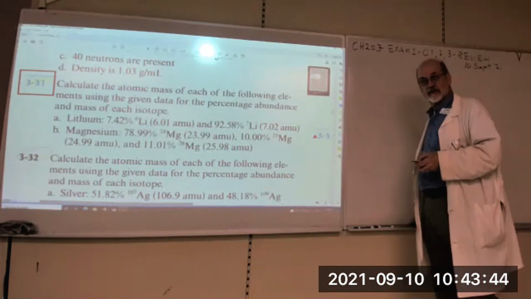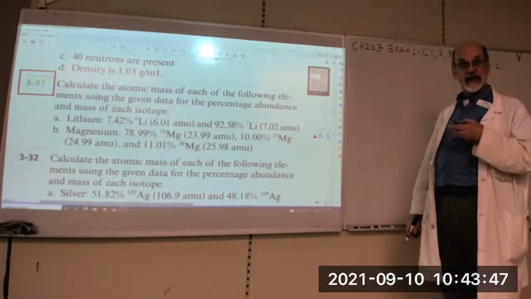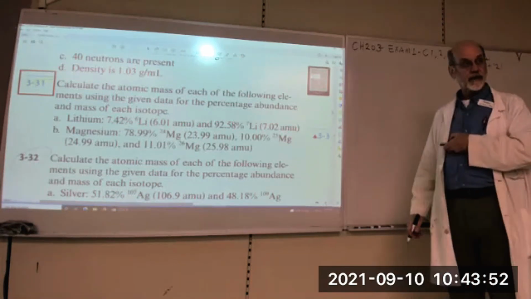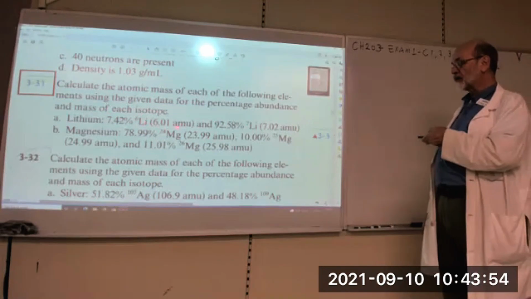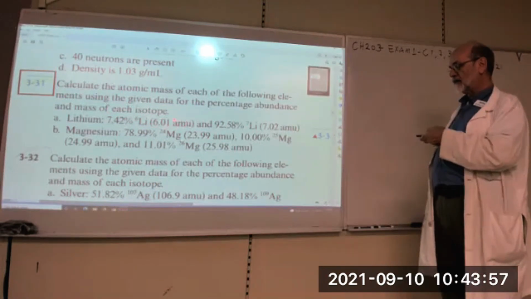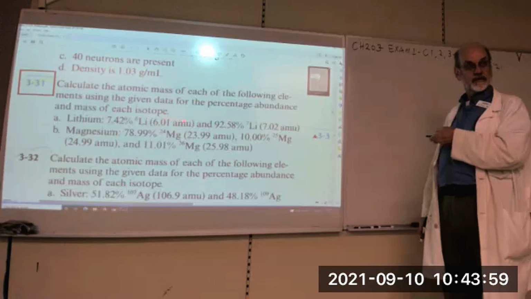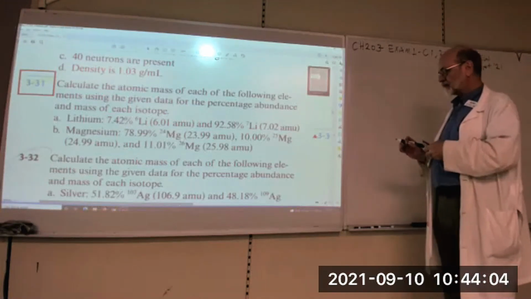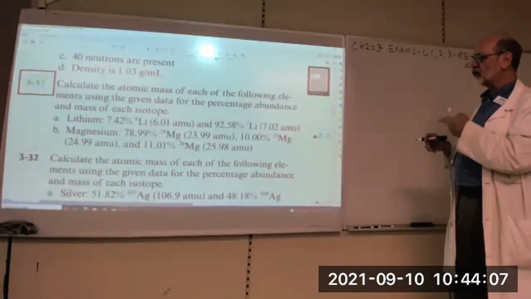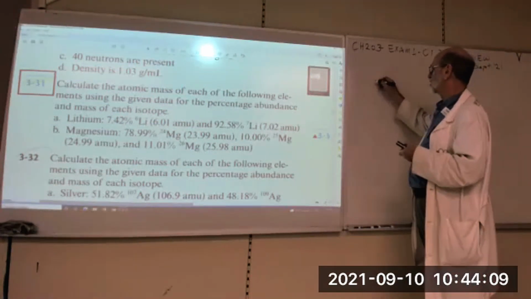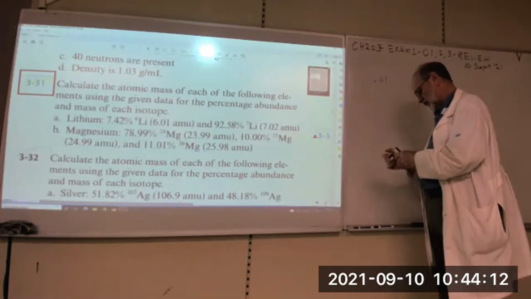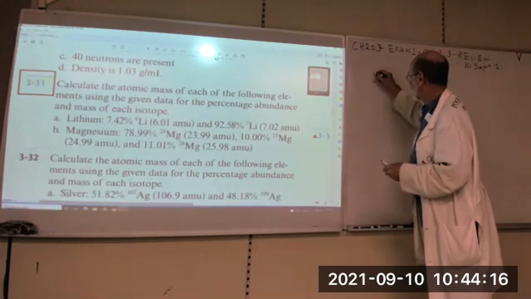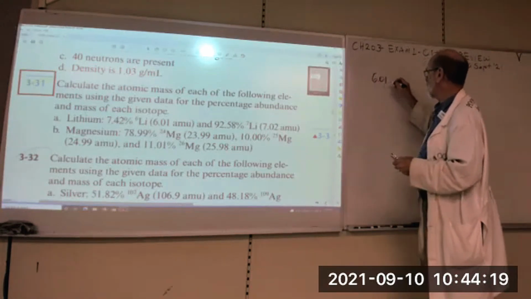So how do we calculate the weighted average of isotopes in nature? First, you need to know the abundance. That's what this is. Then you need to know their atomic mass for each of the isotopes. Then you say, what's the contribution of 6.01 atomic mass units?